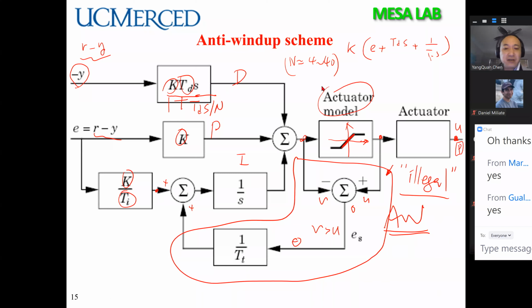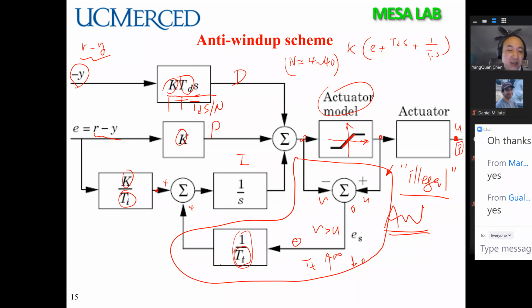This is empirical. But remember, you also have something here. This is called the anti-windup time constant, T_T. So if T_T is going up, then your amplification is going down. If it goes to infinity, then it is like 0. It's no anti-windup. So when T_T is infinity, very, very big, that means as if you don't have this mechanism.